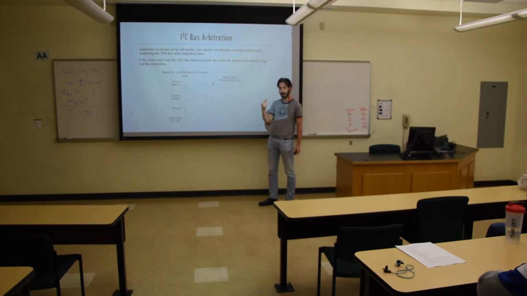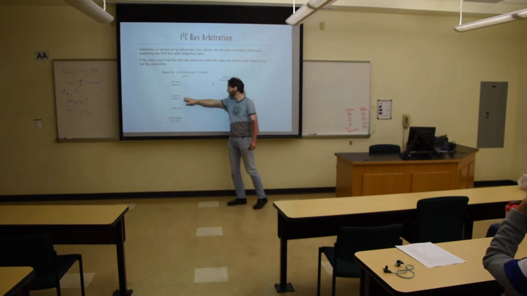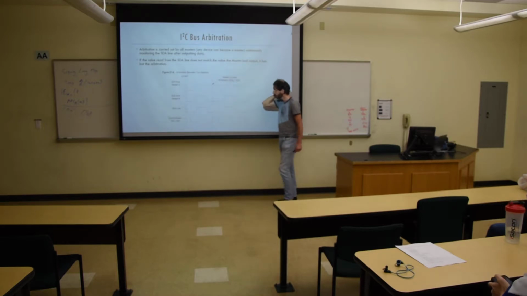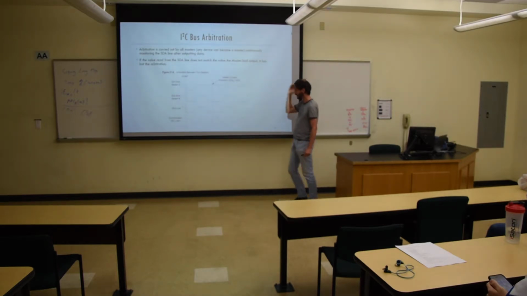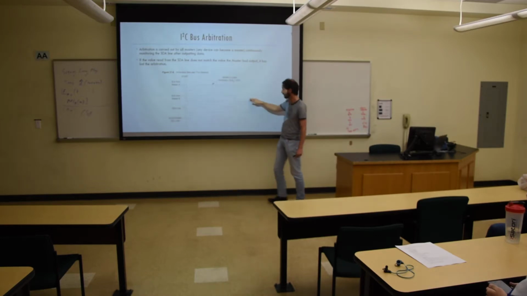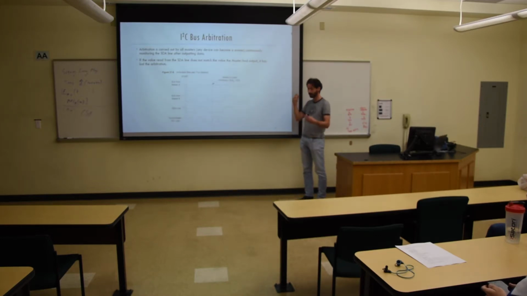So that means he knows he has lost the arbitration and that some other node has at the same moment started a communication. So he stops and leaves it up to the other node, who then finishes all the address bytes and can start data transmission.